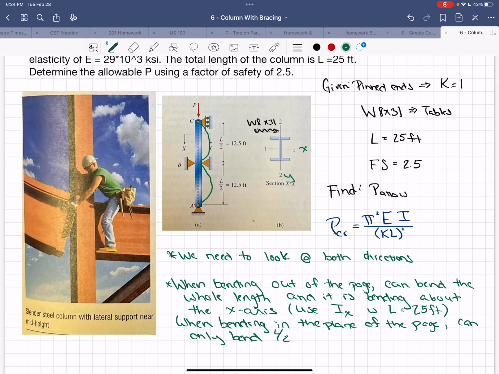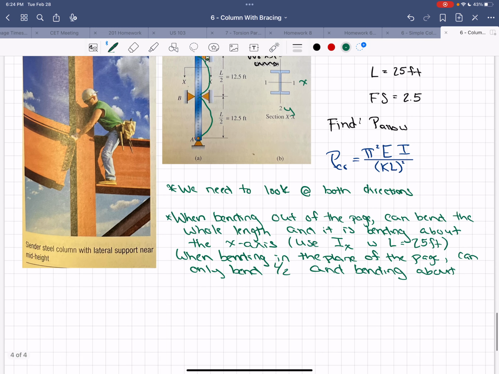So it's L/2, and it's bending about the y-axis. So we'll use Iy with L equals 12.5 feet. That's the hardest part of the problem, figuring that out.